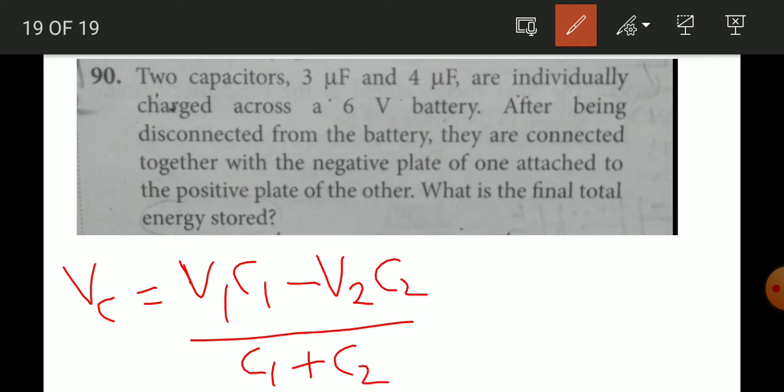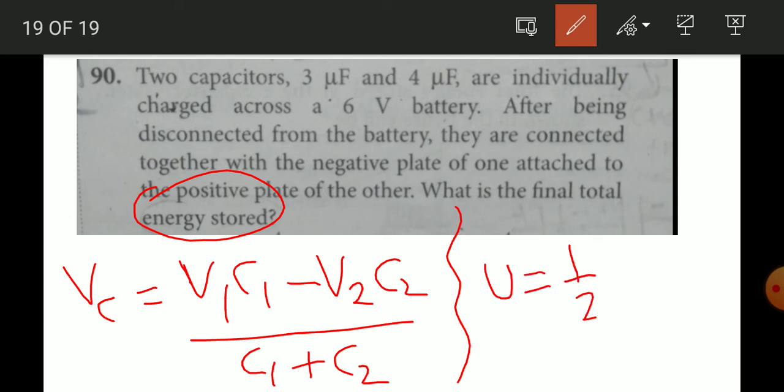Well, in this numerical, first of all, we have to calculate the common potential and then find out the energy stored. So basically, what is the formula for energy? Half CV square. This is for an individual capacitor, a single capacitor.